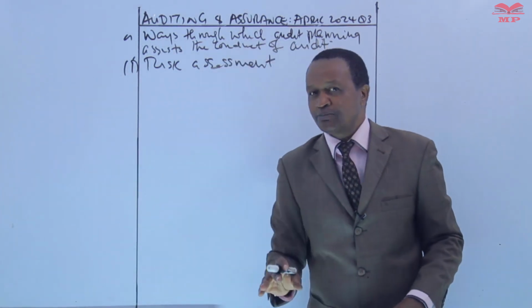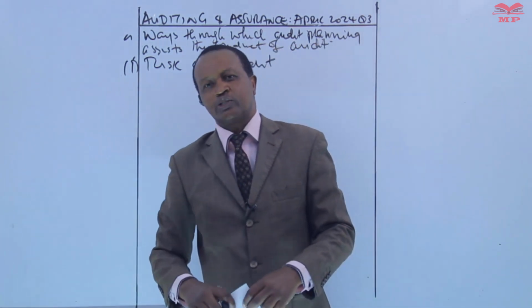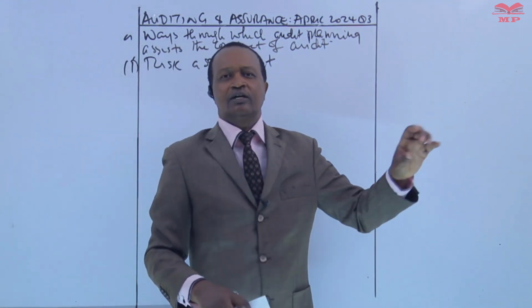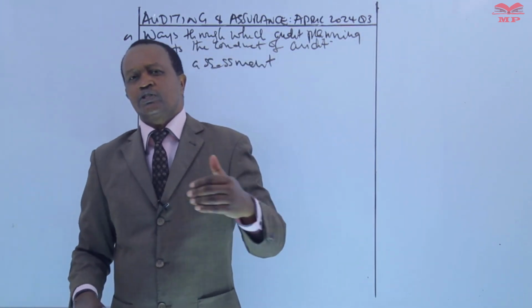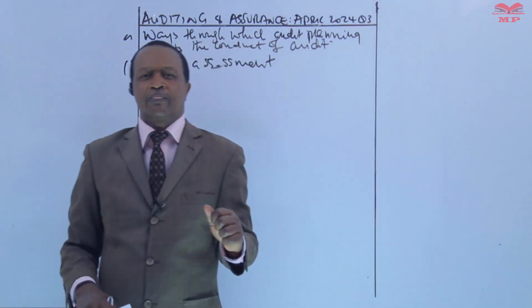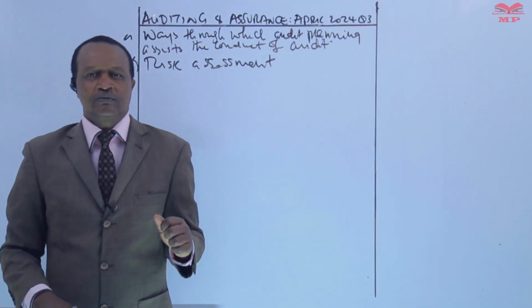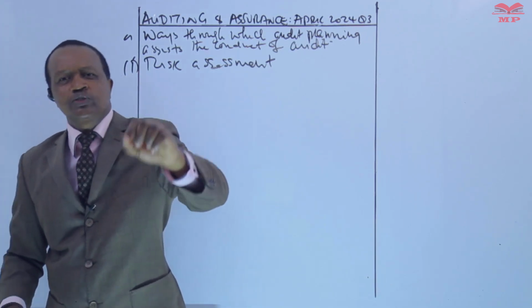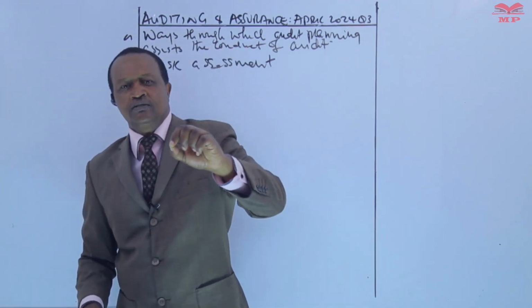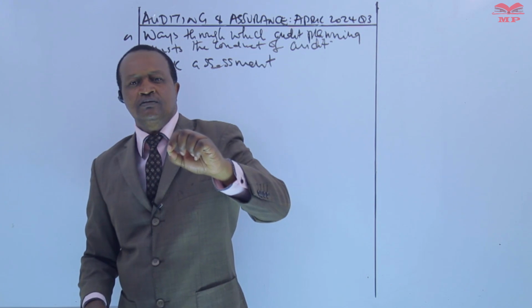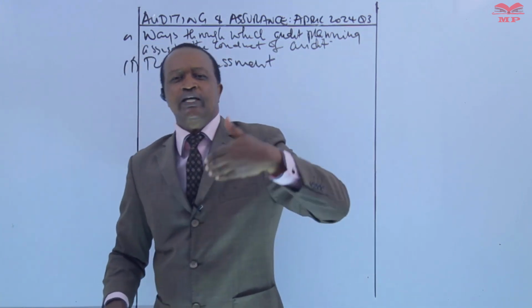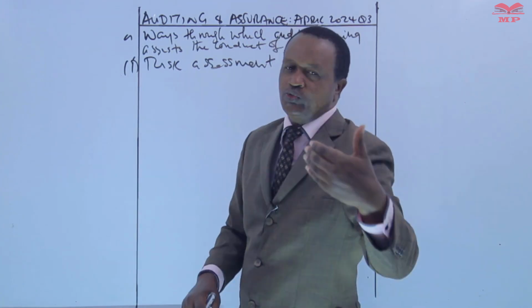And the resources are not just money, but the audit personnel, which areas should be concentrated on most, and so on. And that ensures that the audit efforts are focused on the most critical areas, thereby reducing the risk of overlooking significant issues.